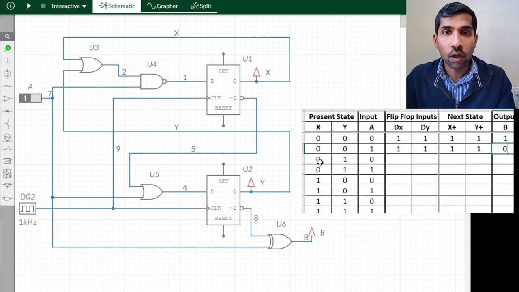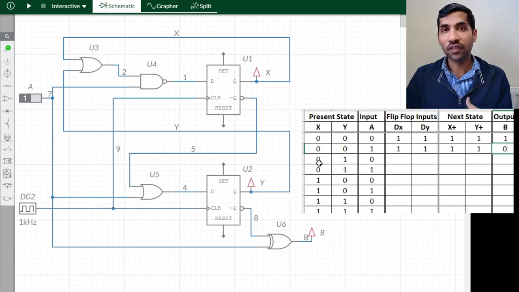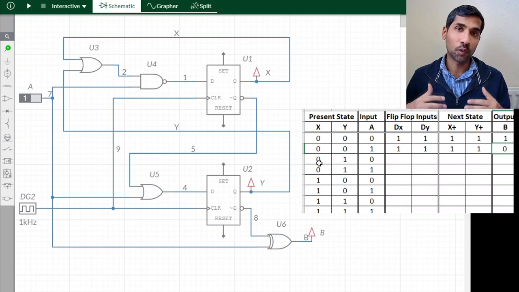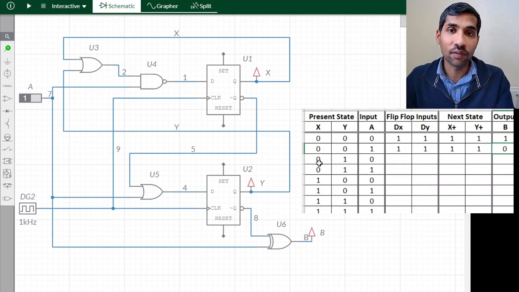So let's do one more example, and then I'll fill up the table and I'll let you work out and see whether the outputs are coming as I've done. Okay, so let's say x is 0, y is 1 here, and a is 0. So if x is 0, you get 0 here, y is 1, right?